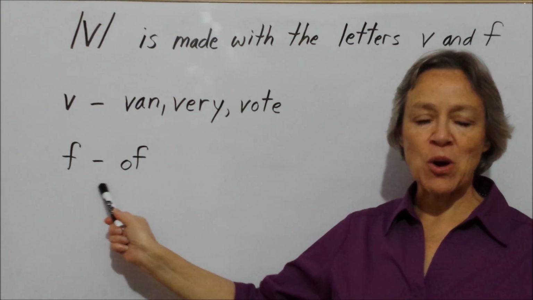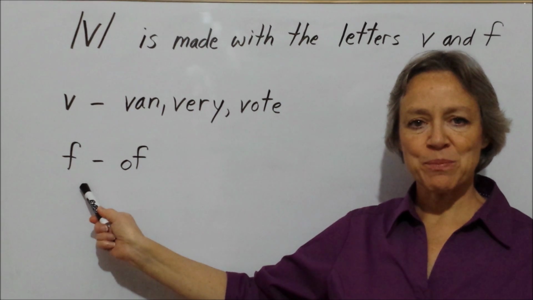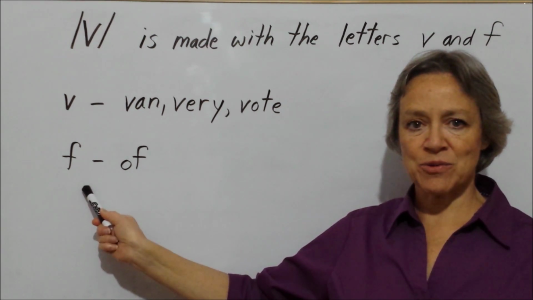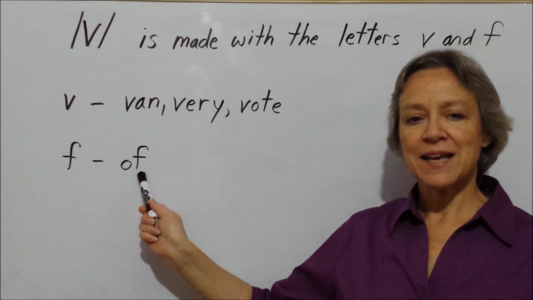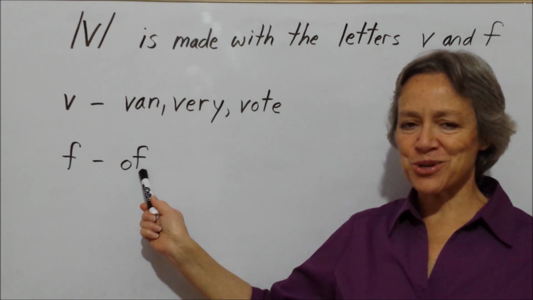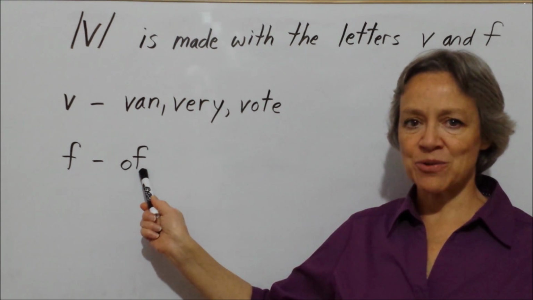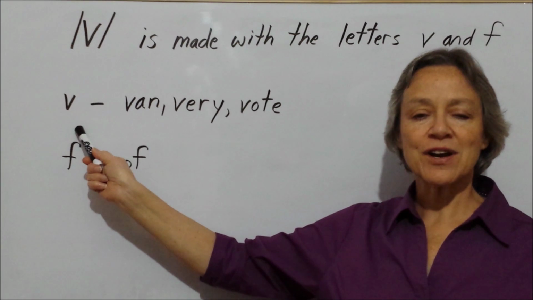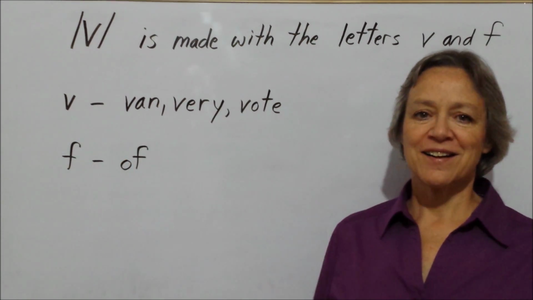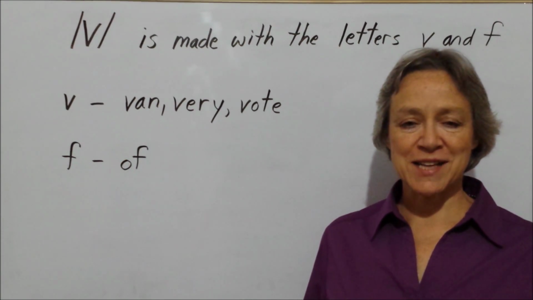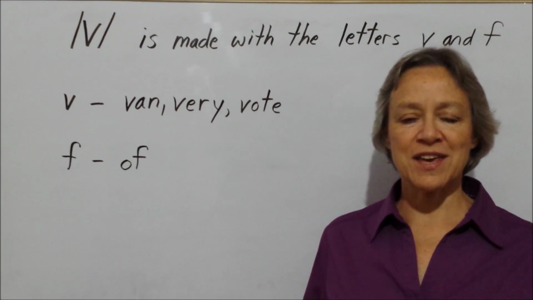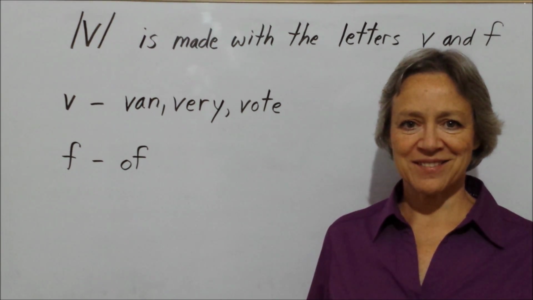You will probably only see the letter F making the V sound in this word. In most other words, the V sound is made with the letter V. Let's go on, and I will show you examples of many words with the V sound.